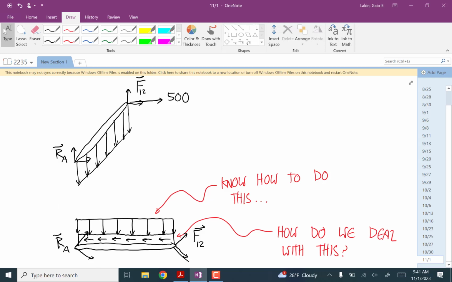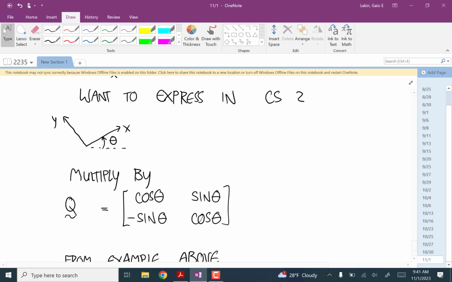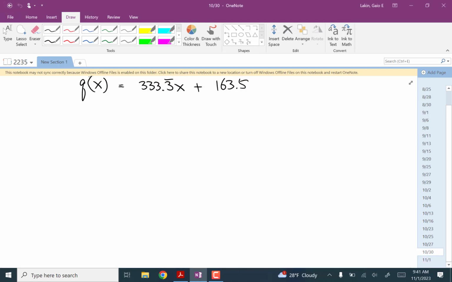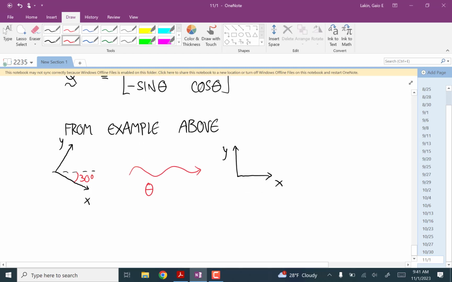So what's the angle that we need to rotate counterclockwise to go from this to this? That's a counterclockwise rotation, right? And it's 30 degrees.